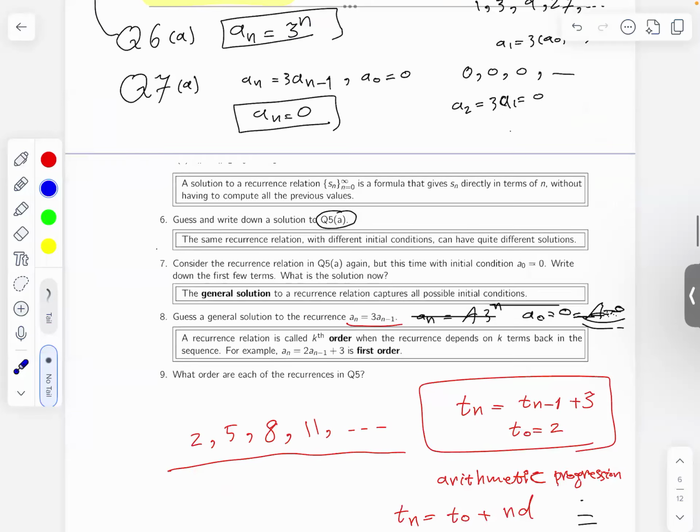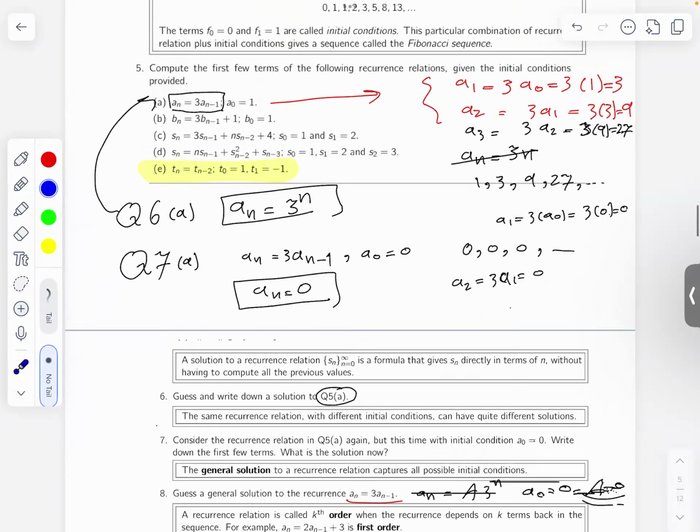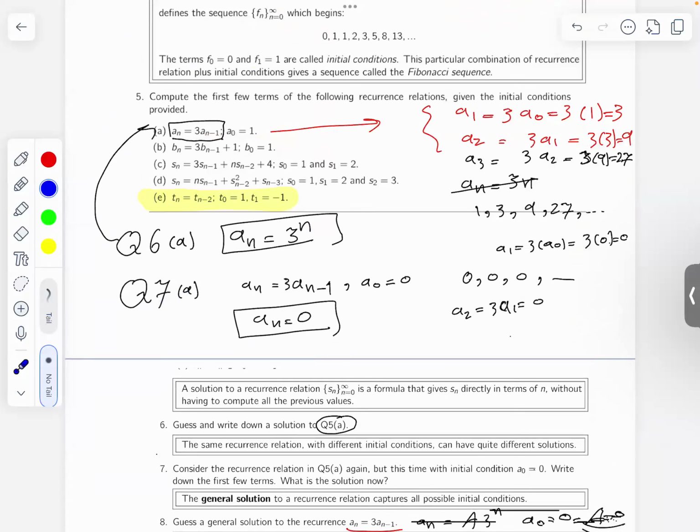And it says, in the box, if the initial condition changes, the solution of the recurrence relation will be changed completely. So imagine in question 5a, instead of a0 being 1, it is 0. Well, what's a1?